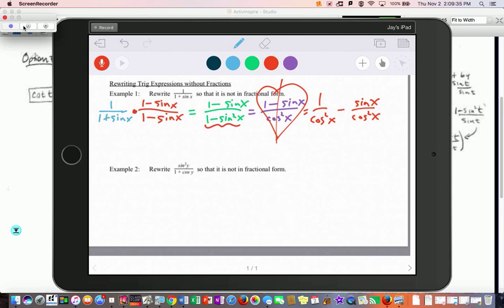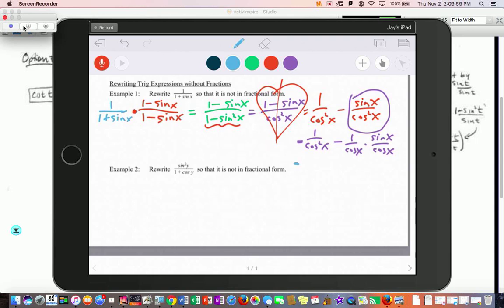And I would do one more thing right here. This term can actually be written, so I have 1 over cosine squared of x minus. Now there are two cosines on the bottom. So I could do 1 over cosine times sine over cosine. If you factor that, I guess.